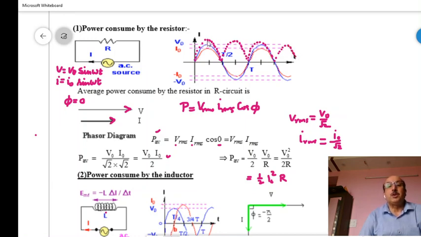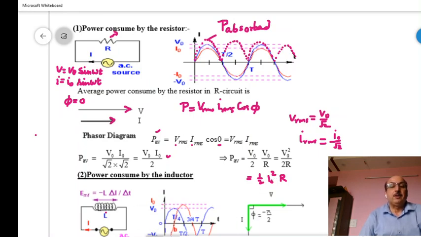So the positive power is always absorbed by the appliance. Hence, the resistance dissipates power in form of heat, and it is equal to I naught square R by 2.